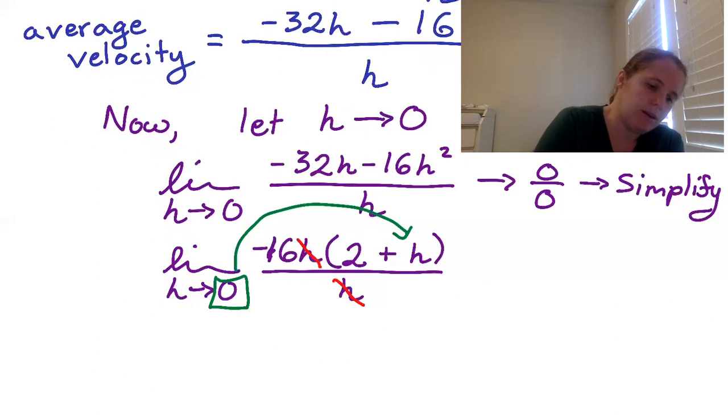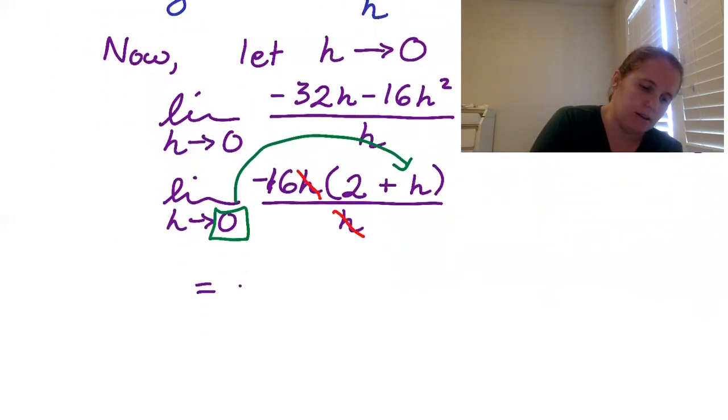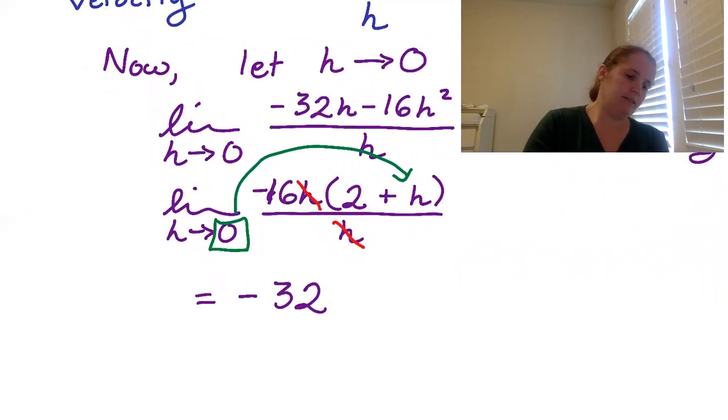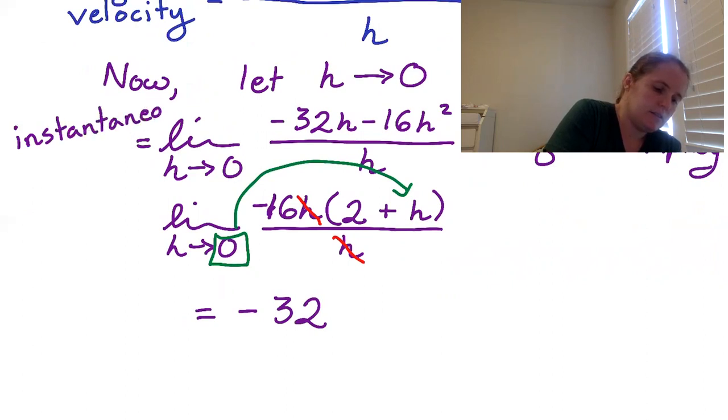And we wind up getting negative 32. So this, what we've been doing off to the side, is our instantaneous velocity.